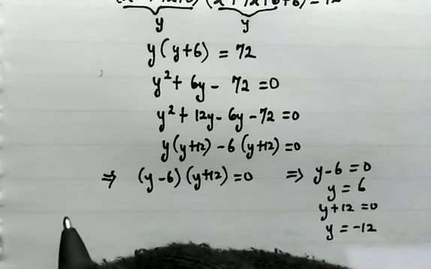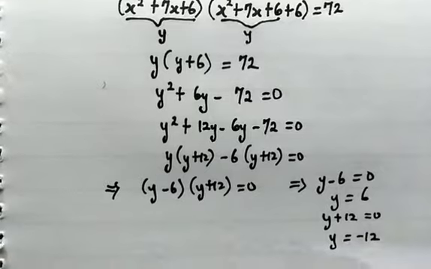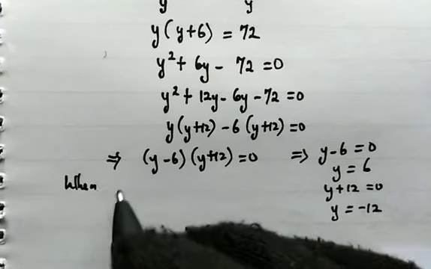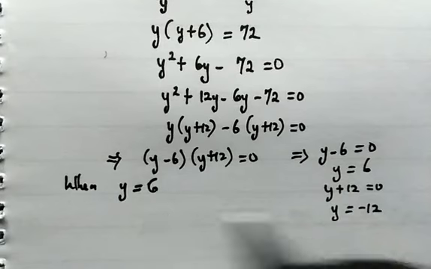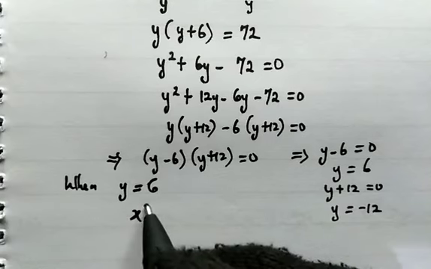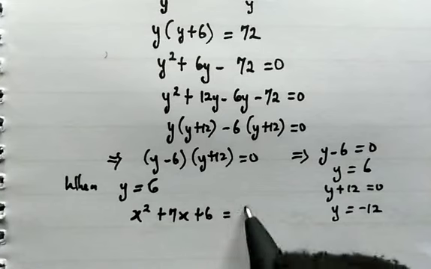Now, let us recall that x squared plus 7x plus 6 equals y. When y is equal to 6, we have x squared plus 7x plus 6 equals 6.